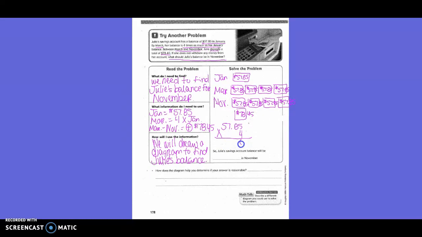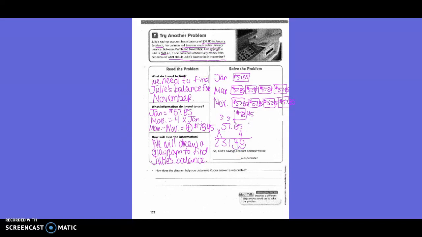So I put a 0, carry my 2. 4 times 8 is 32 plus 2 is 34. So put a 4, carry the 3. 4 times 7 is 28 plus 3 is 31. And carry a 3. 4 times 5 is 20 plus 3 is 23. And then I have to move my decimal over twice.